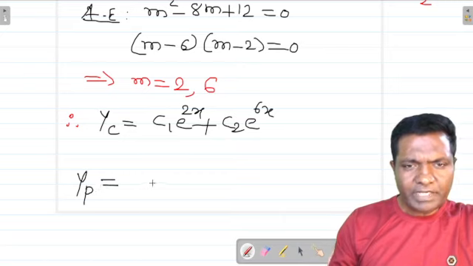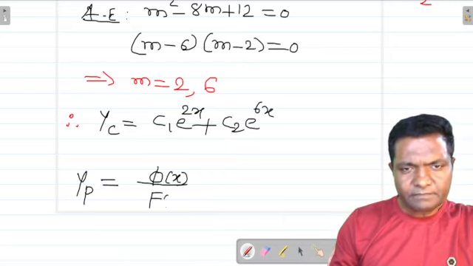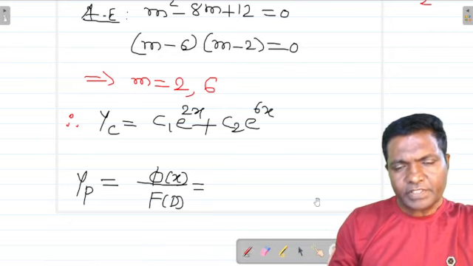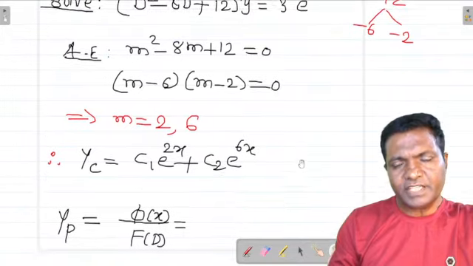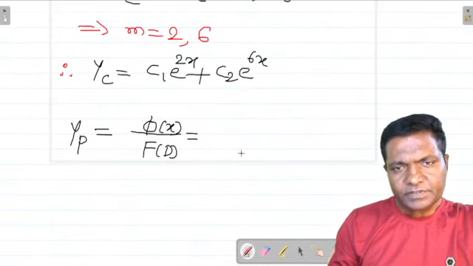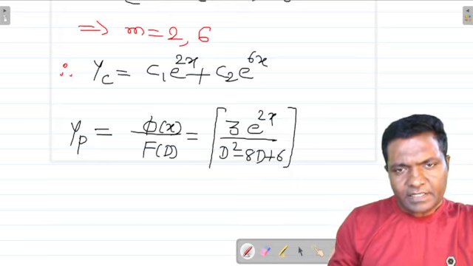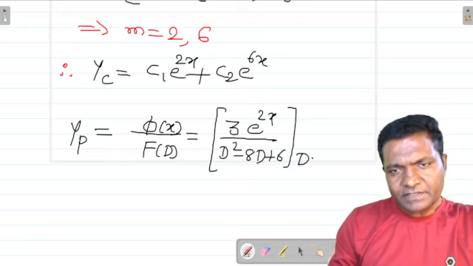Now your yp can be written as phi of x divided by f of D. The right hand side function phi x is 3 e power 2x. So it is 3 e power 2x divided by f of D, which is D square minus 8D plus 12, and you have to replace D equal to 2.